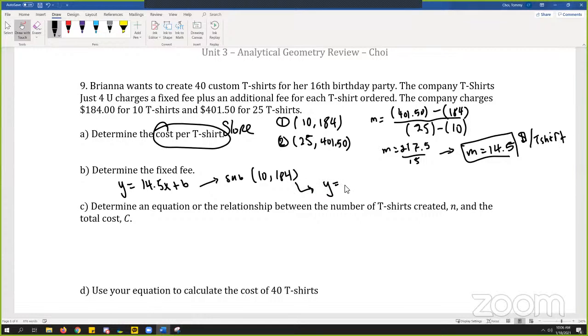The final equation, the fixed fee that you get, you should get b is equal to 39. So someone that's not Mercel, because Mercel's tried to answer the question. Can someone give me the equation of this line, please, using the slope and y-intercept?